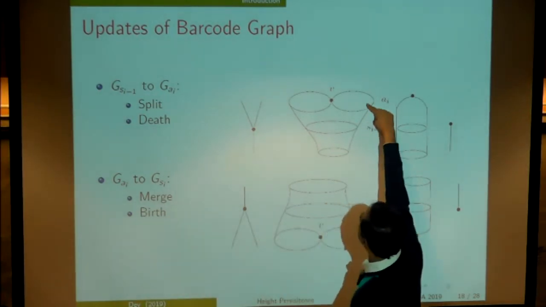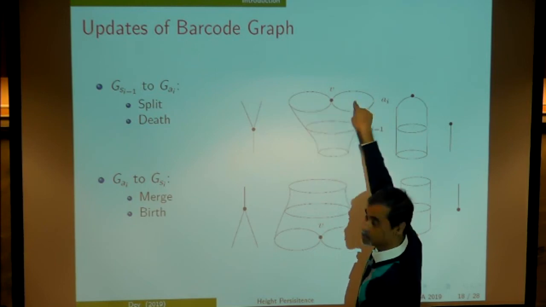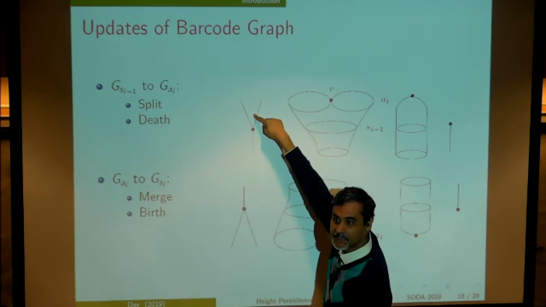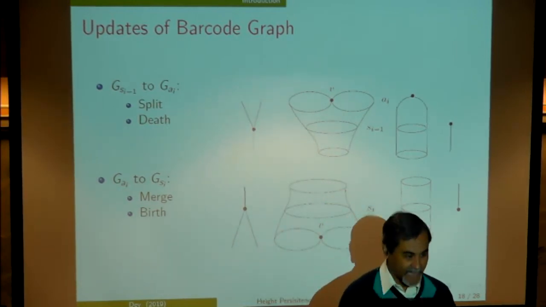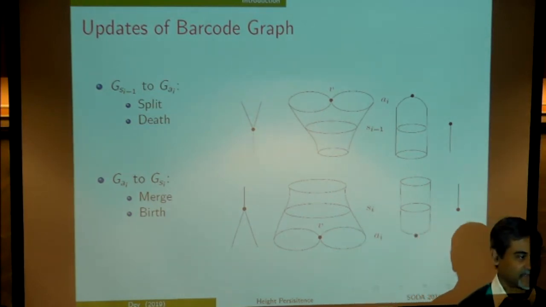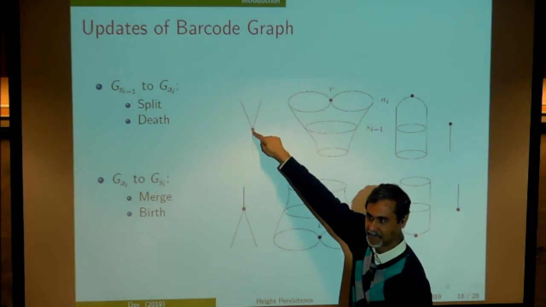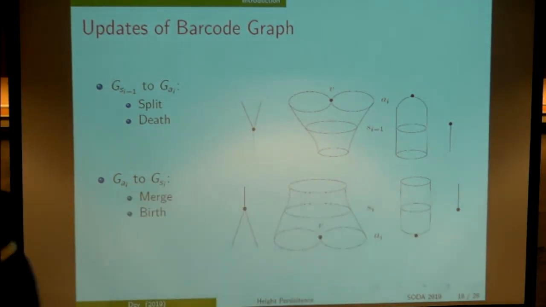For example, here H1 at a_i has 2 components at the level set. If I put the vertex at this level, this will not happen, and that's the shift you need. Here is 1, I have a vertex 1. Same thing, you can check it here. That's why you need the shift.